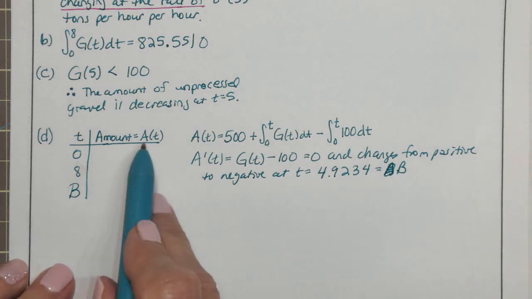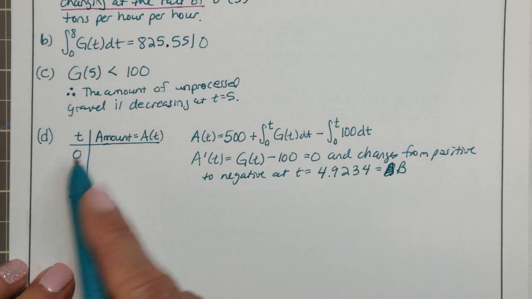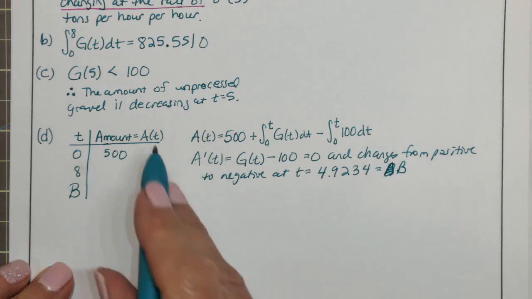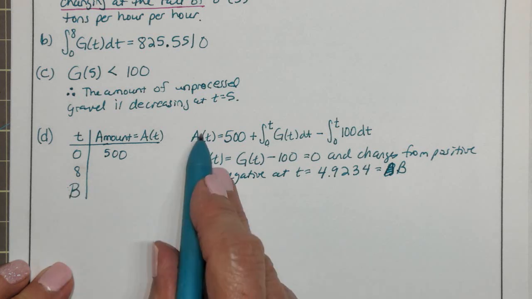Okay. What is the amount at time 0? They gave me that answer. That was 8. What is the amount at time 8?